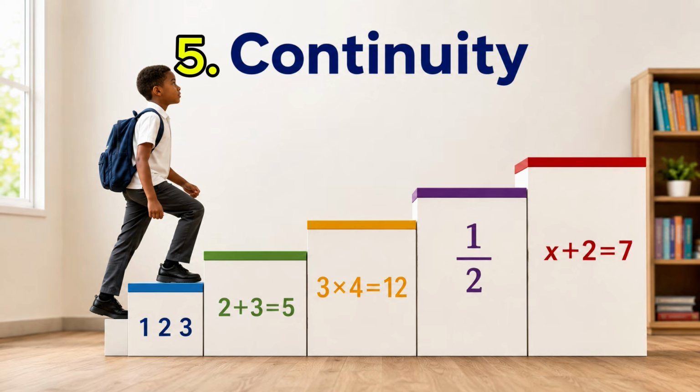And then the fifth principle is continuity. Here, learning should continue in a logical and connected manner over a period of time. Important knowledge and skills should be revisited and developed at increasingly advanced levels.